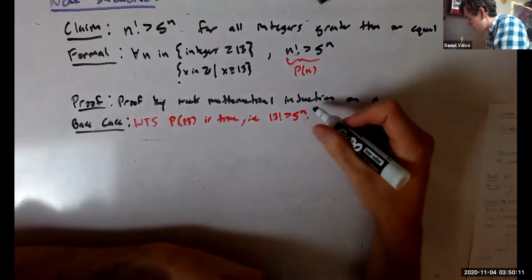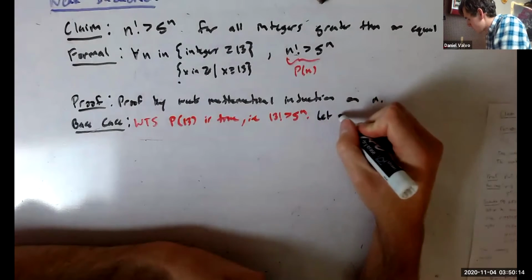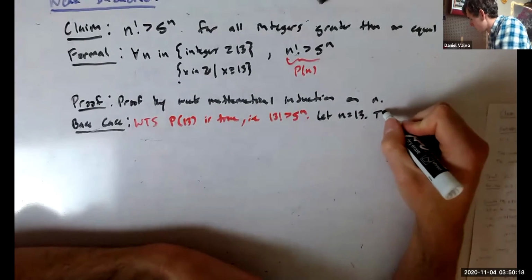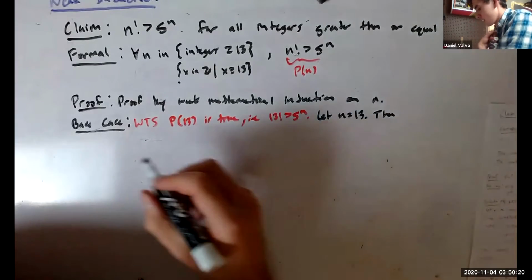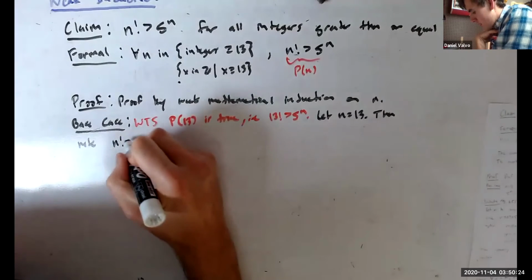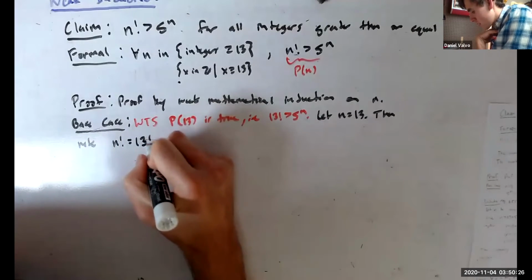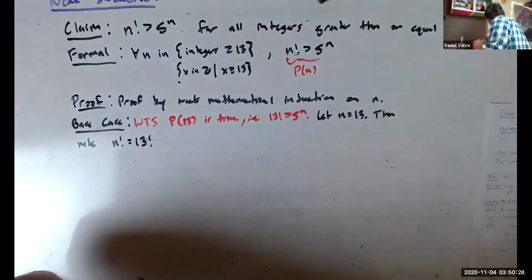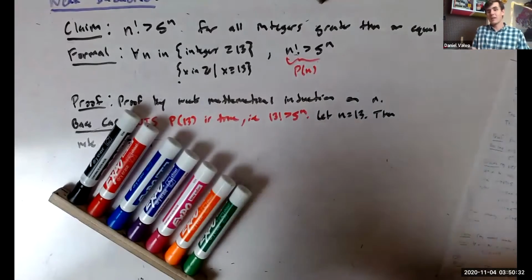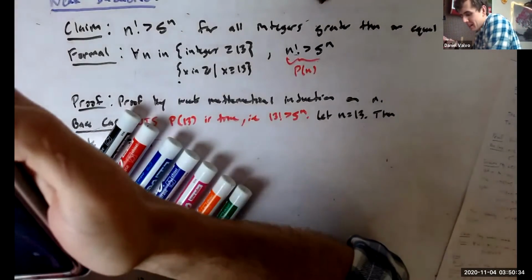So let's just do it. We're going to say let n equal 13. Then note that n factorial equals 13 factorial, which if I get out my calculator, or let's see if Siri's got this.